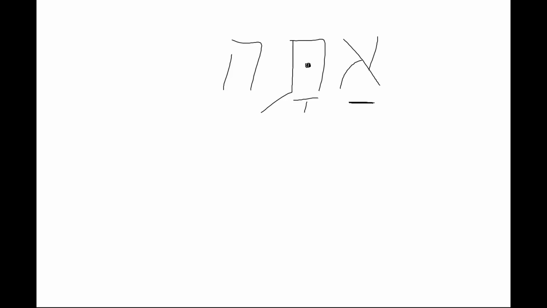So we're going to look at the word atah, the Hebrew word for you. Inside the second letter, the tav, we have the dagesh forte. Because the dagesh forte doubles the value of a consonant, it must be rendered twice in transliteration.